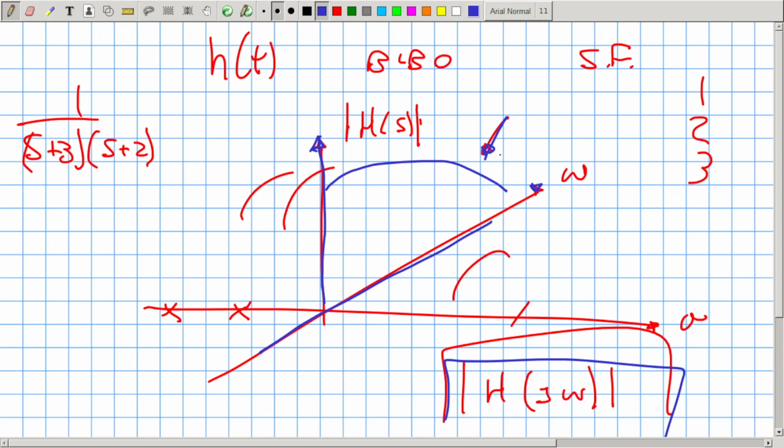my amplification. Okay. Do you see from a graphical perspective what I'm doing? Perfect.